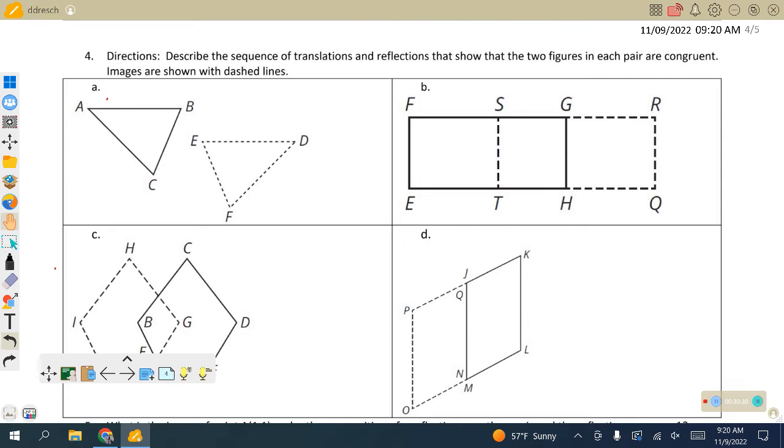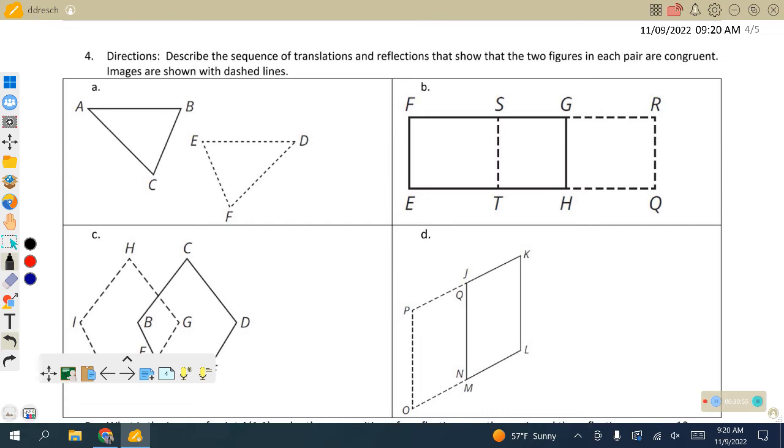When I look at this here, take a step back here. First off, they're using for my pre-image and image, whatever, not being very specific there. So on this one here, what is something that we might notice is happening? A translation or a reflection or anything more than that?